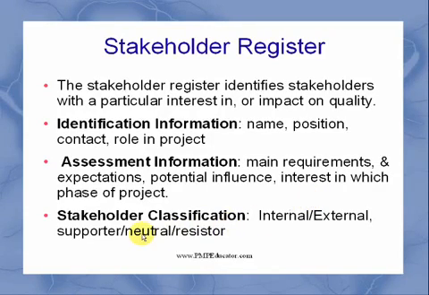We classify whether that stakeholder is internal or external, and whether that stakeholder is a supporter, neutral, or a resistor. A resistor is a negative stakeholder who doesn't want to get the project done, and a supporter of the project has a positive influence on the progress of the project.